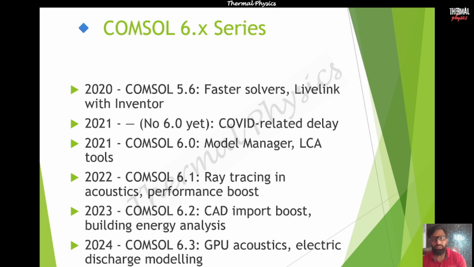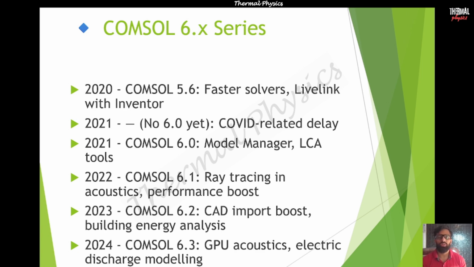In the 6X series, they kept a trend that we can see. They released every version of the 6X series in November every year. For example, 6.0 was released in November 2021, then 6.1 in November 2022, then 6.2 in November 2023, then the 6.3 version, which is the recent version that we use, was released in November 2024.